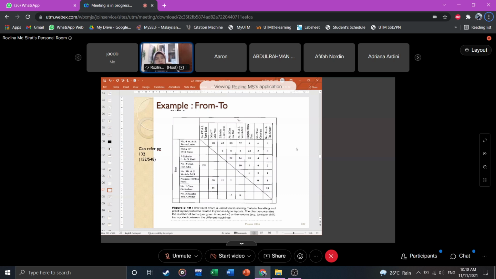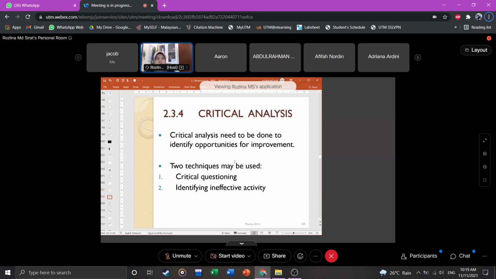Then you get the total of movement. This one you will add with the one above. Whole mill to turret lathe is the same as turret lathe to whole mill, so 120 plus 80. So this is the distance, 100.